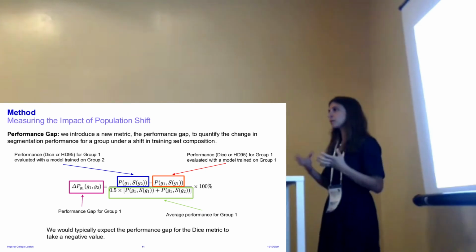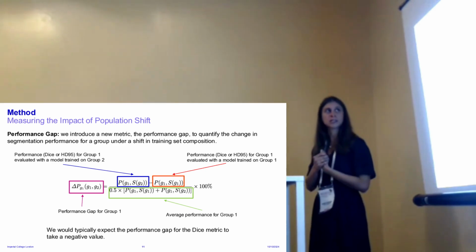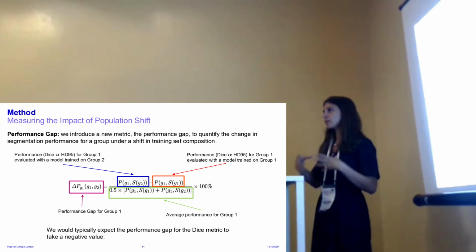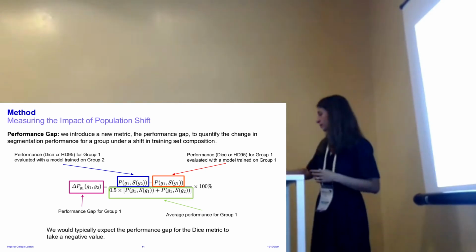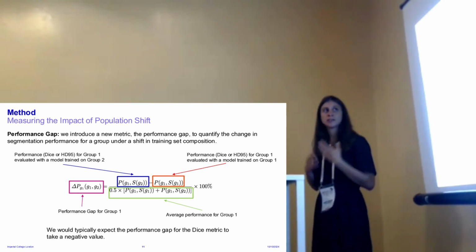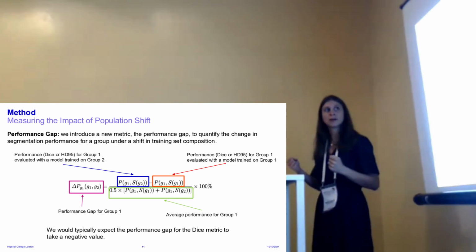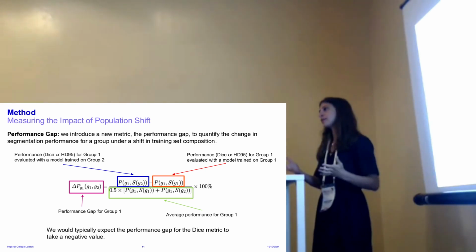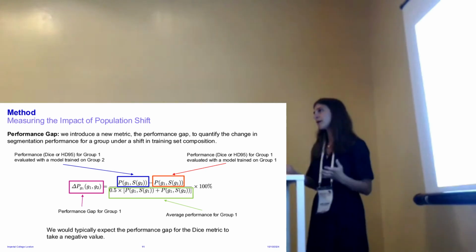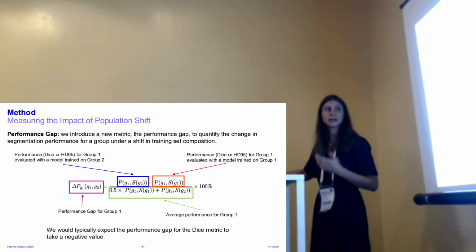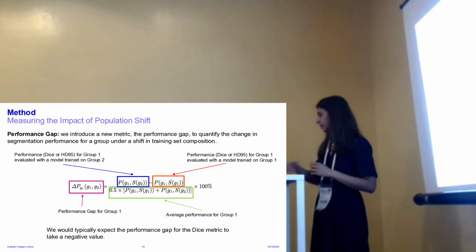So we take the model performance. This could be DICE or Hausdorff 95 segmentation for males. And we have evaluated this with a model that's been trained on females only. And we subtract the same performance measure for males, but evaluated with a model that's been trained on only males. And then we average this performance.